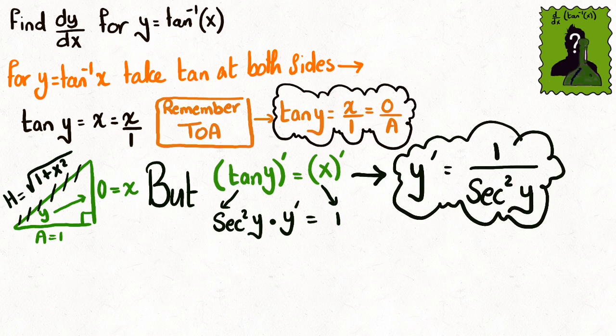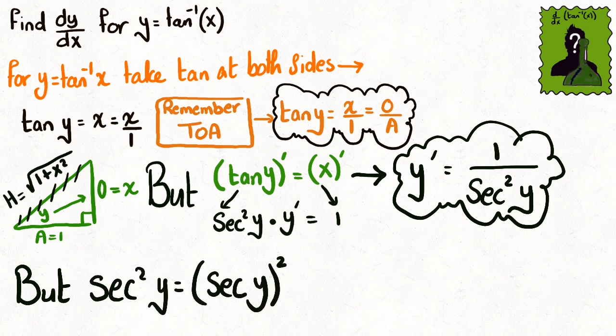I will remind myself that secant is basically 1 over cosine. Thus if I say 1 over secant, it is basically cosine square of y. Thus y prime is basically cosine square y, and it's gonna be 1 divided by radical 1 plus x squared.